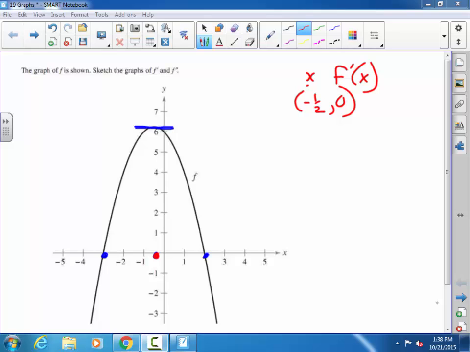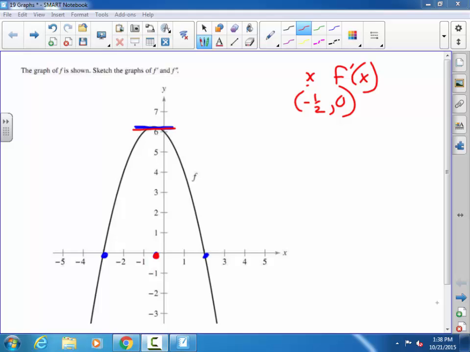Now, the derivative, y'all said, is 0 nowhere else. How do we know that the derivative is not 0 anywhere else? It doesn't have a tippy top, or a tippy bottom anywhere else. It doesn't have a max or a min anywhere else. Okay? So then what does that tell you?